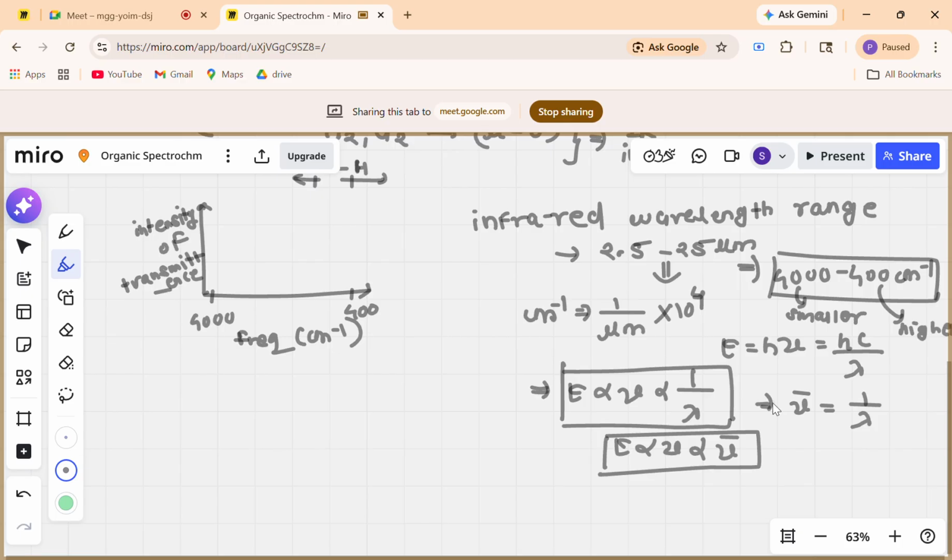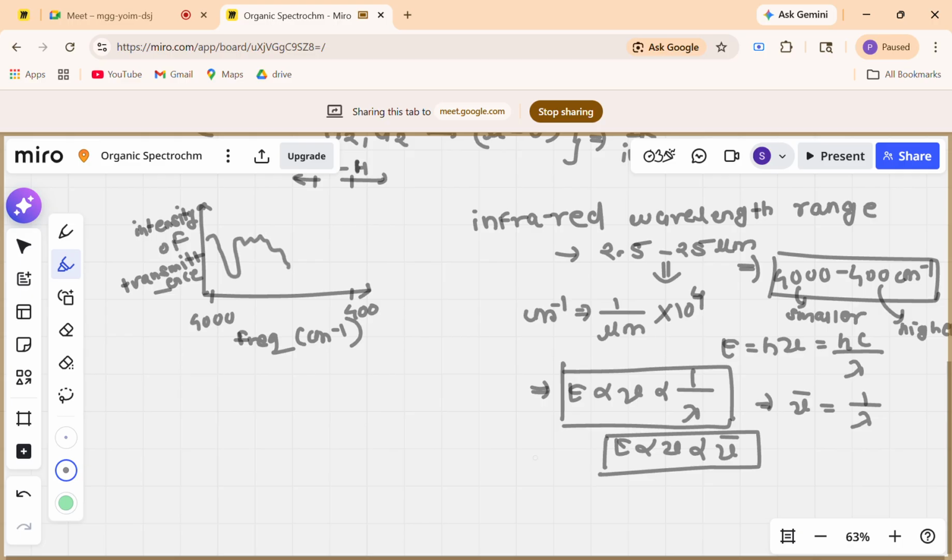In terms of wavelength, this one is higher and this one is smaller, but in terms of frequency they are interchanged. That's how we observe the characteristic peaks in the IR spectra in the range of 4000 to 400 centimeter inverse.